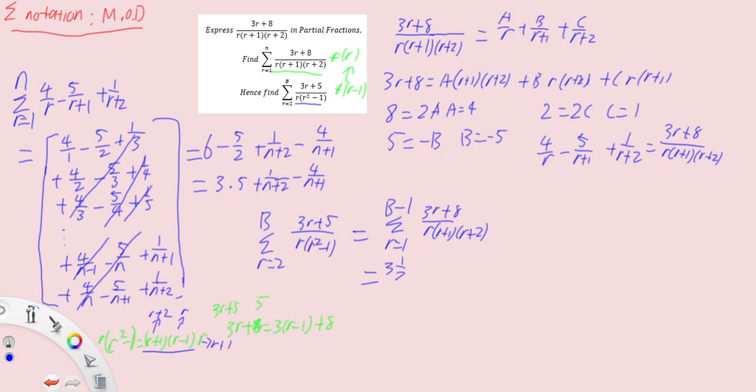So you get 3.5 plus 1 over b plus 1 minus 4 over b. And there we have it, the summation from r equals 2 to b of 3r plus 5 over r times r squared minus 1, which is f(r−1). So there we have it, the second example for our method of difference.